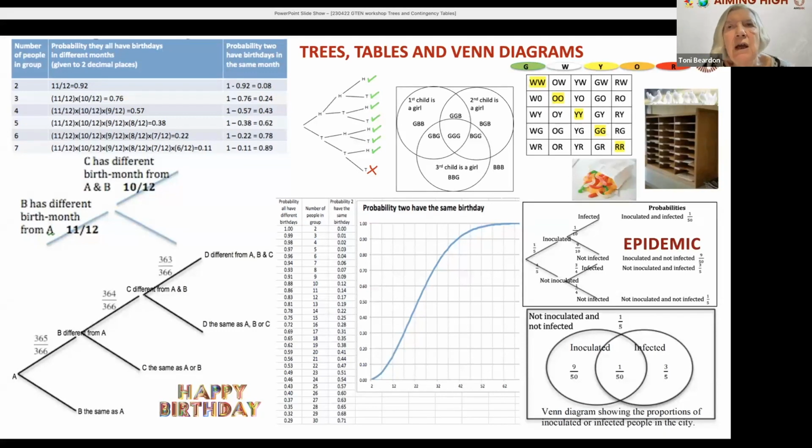I'd like to say what my favorite thing is with all of this is that it's so simple. If you're looking for a minimum of at least one of the other, all we have to do is work out what it is for all of them being the same, and then do 1 minus that.